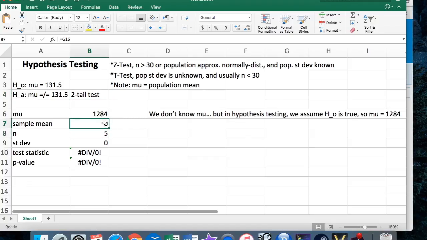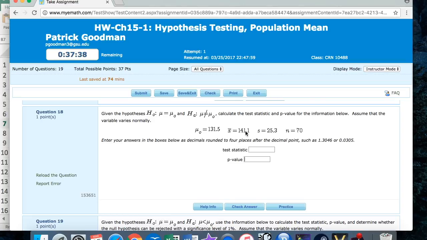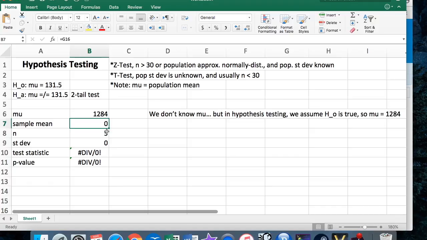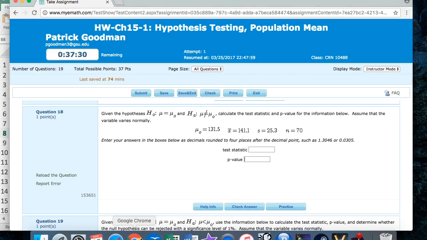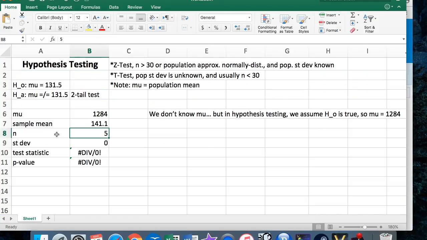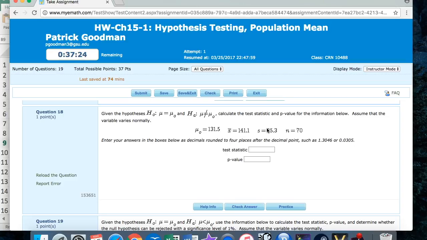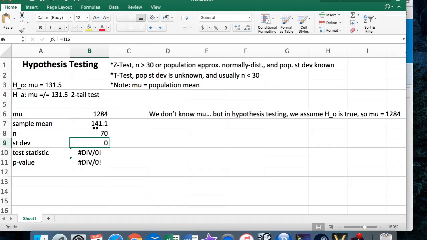So our sample mean was 141.1. Okay, and then our n was 70. Okay, and then our standard deviation for the sample is 25.3.